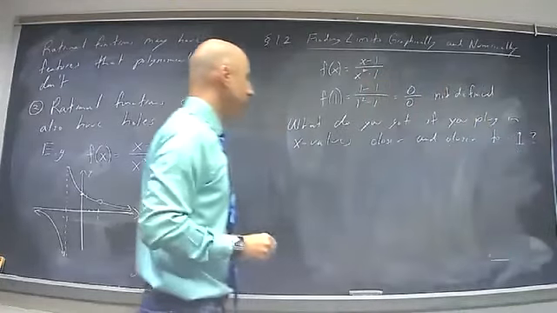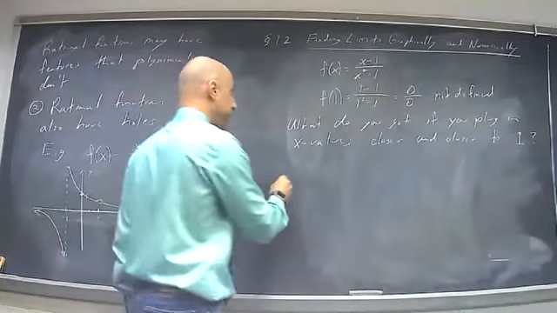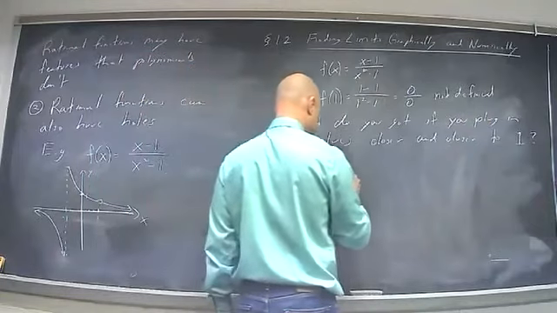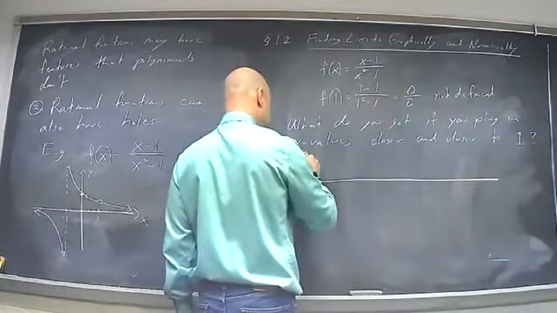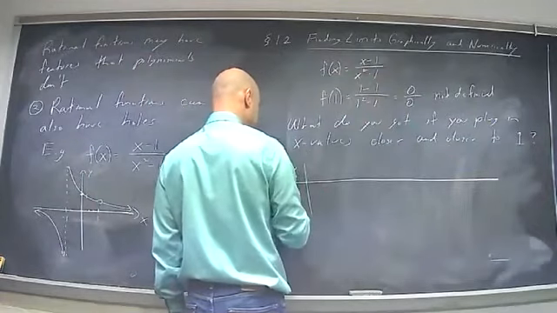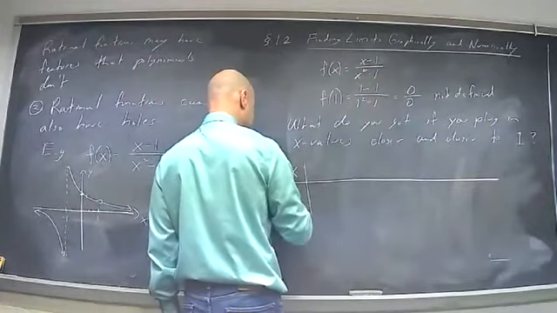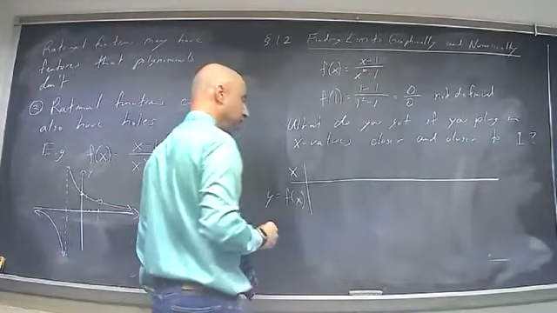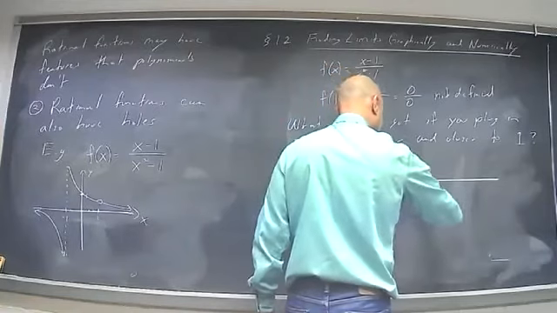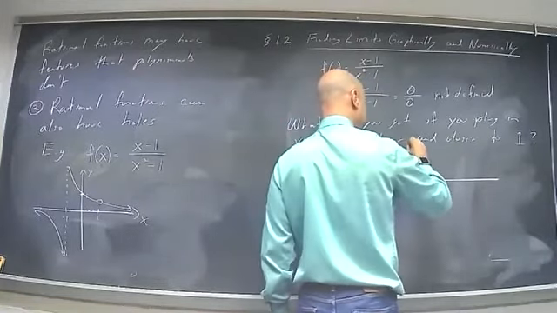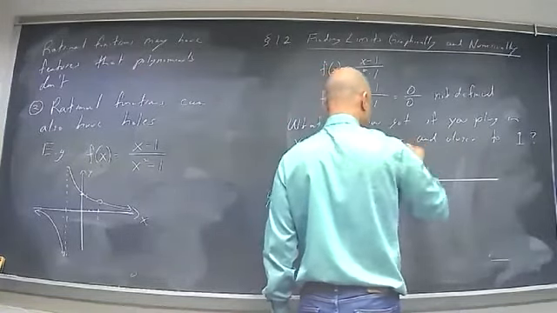We're going to build a chart here. So on the top line, I'm going to have the x values. And on the bottom line, I'm going to have y values, which is just f of x. And right in the middle of the chart, I'm going to put a line here where 1 would be. We know we can't plug in 1.